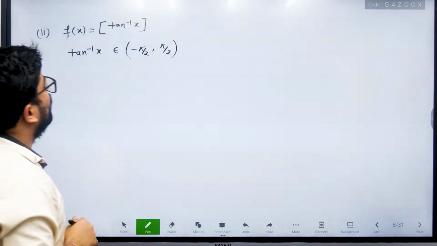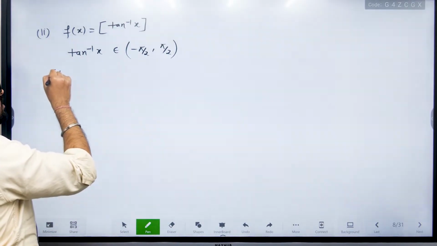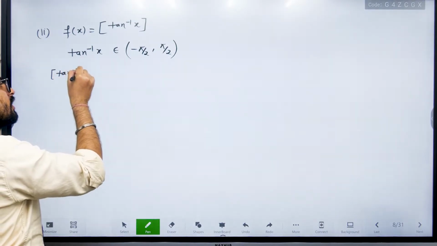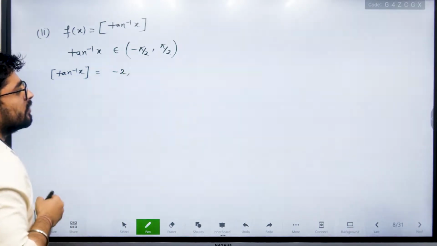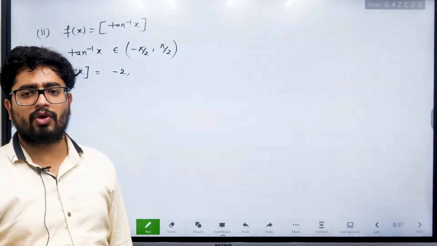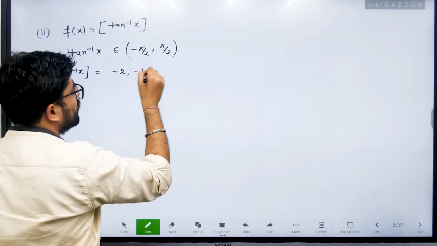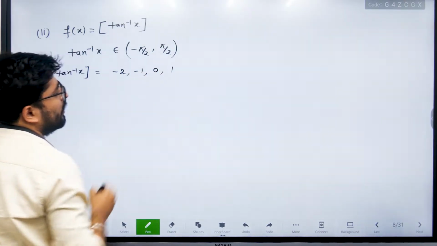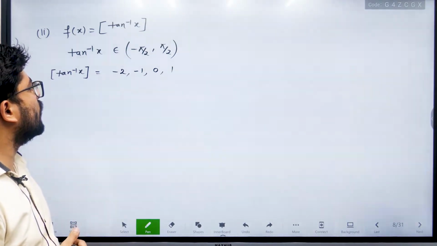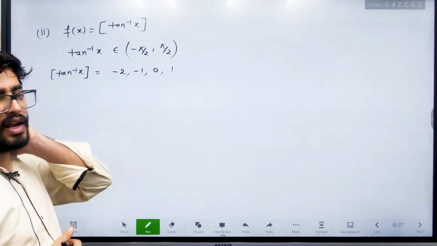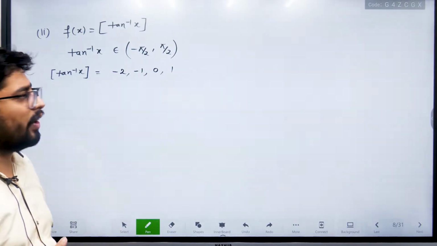So greatest integer of tan inverse x can take the values minus 2, since minus pi by 2 is approximately minus 1.57, then minus 1, 0 and 1, since pi by 2 is 1.57 and the greatest integer gives 1. So these are the possible values: minus 2, minus 1, 0 and 1.